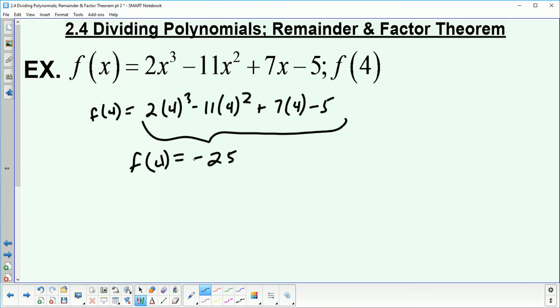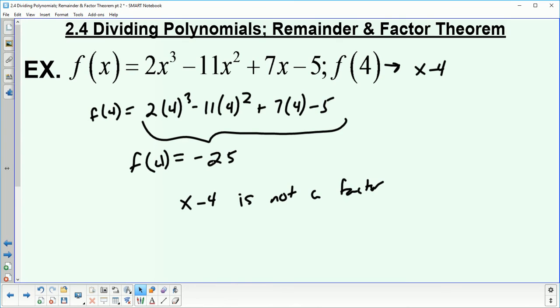If you're not sure how I got it, plug it into your calculator and simplify. Based on the remainder theorem, if we did long division by x minus 4, we would get a remainder of negative 25. More importantly, it tells us that x minus 4 is not a factor. If this had given us 0, that would tell us x minus 4 is a factor, but it's not.